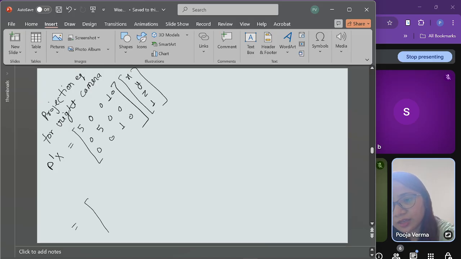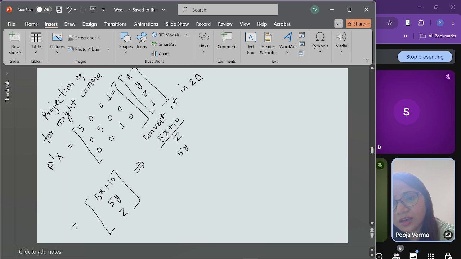Now just multiply with this one, so you will get 5x plus 10 in the first row. In the second row you will get 5y only. In the third one you will get z. Again convert it into 2D, so you will get the equations 5x plus 10 divided by z, and 5y divided by z. Okay.